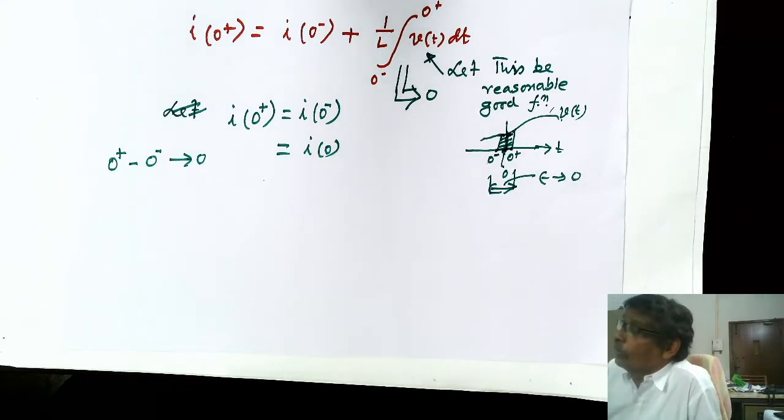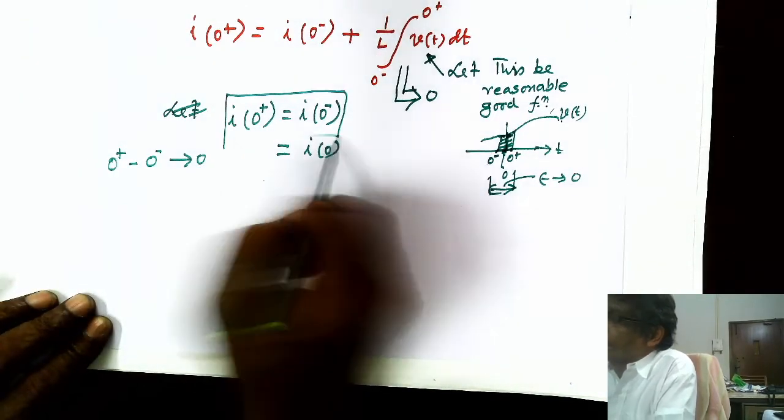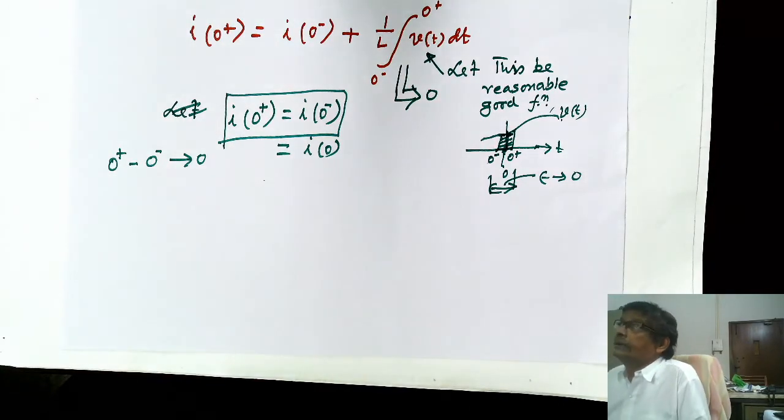Okay, therefore we get one very fundamental relationship. That is, in other words, what I am telling is that with some reasonably good voltage function applied, the current through an inductor should be continuous when you do some switching.